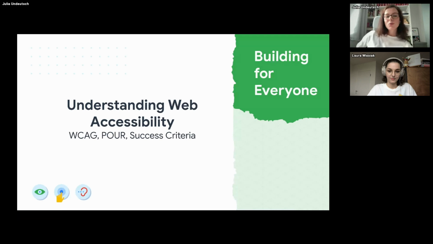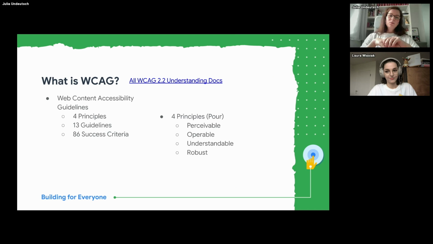And now I want to go over to understanding web accessibility in general, but in detail more the guidelines and what are the POUR principles and what are the success criteria. So what is the WCAG?